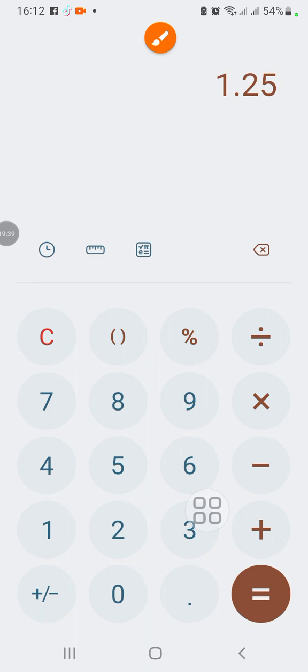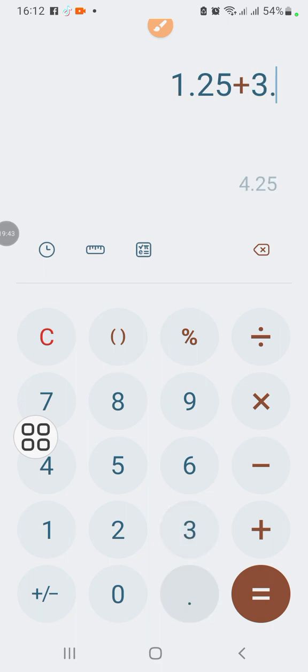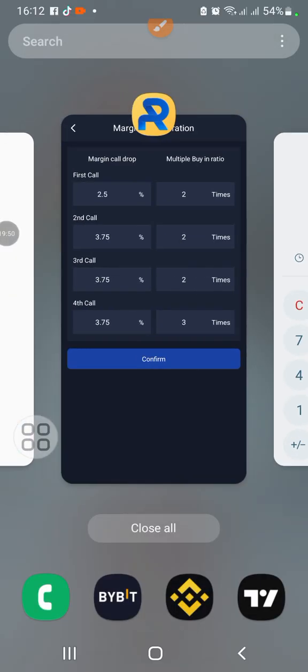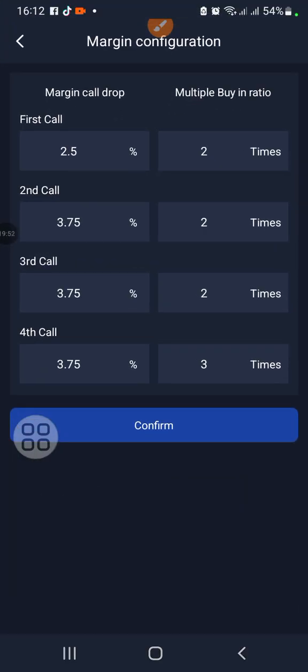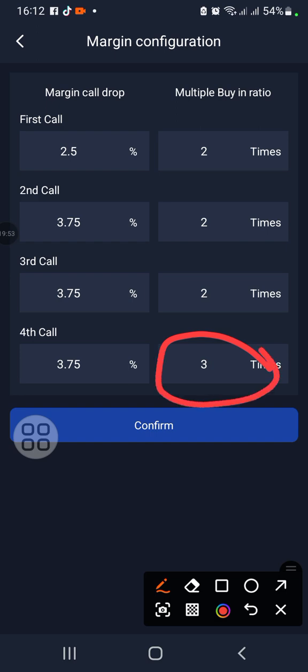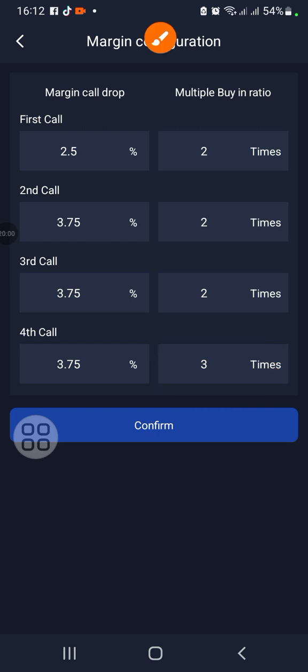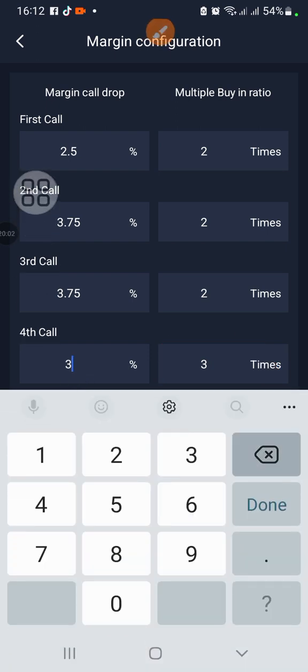So when we get 1.25 plus 3.75. Okay, it means this last margin call, because you can see the multiple is more than the other ones. So now we can say for this last one, we give it a 5% drop.